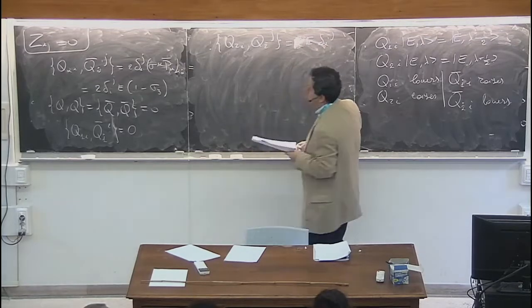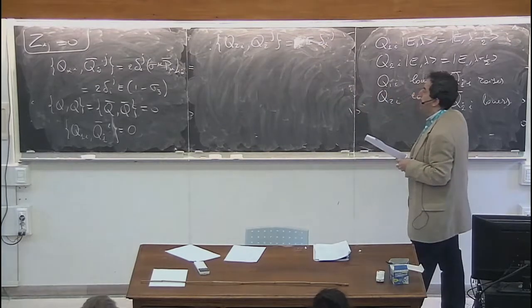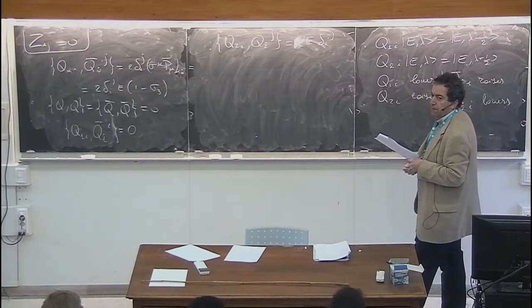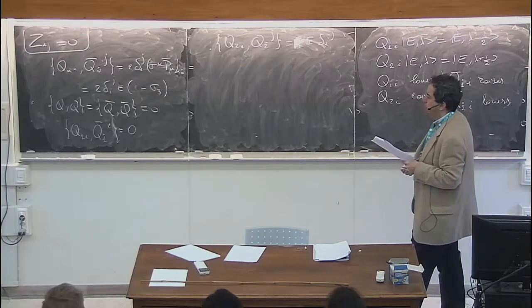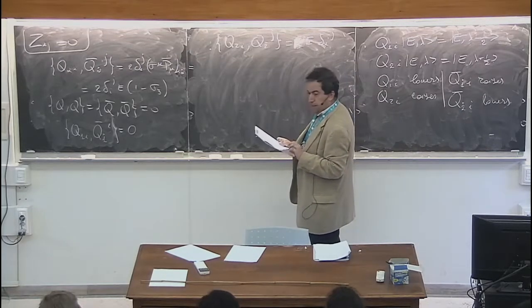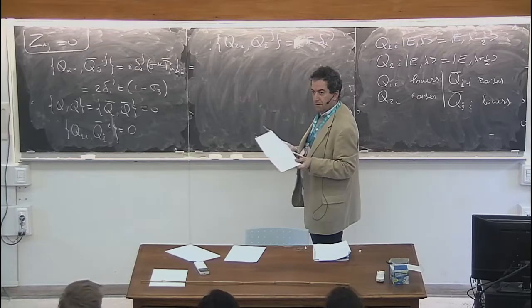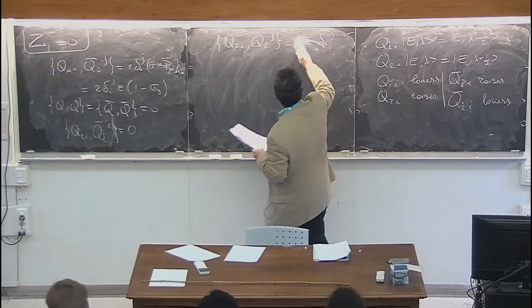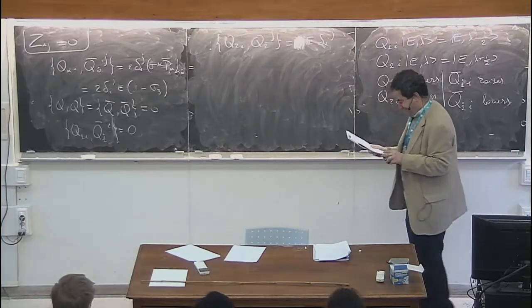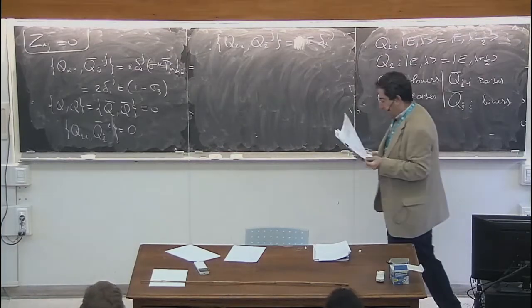Okay, it's 2E delta ij. Is it true? 4 or 2? 4? 4. I trust you. Okay. Very good.